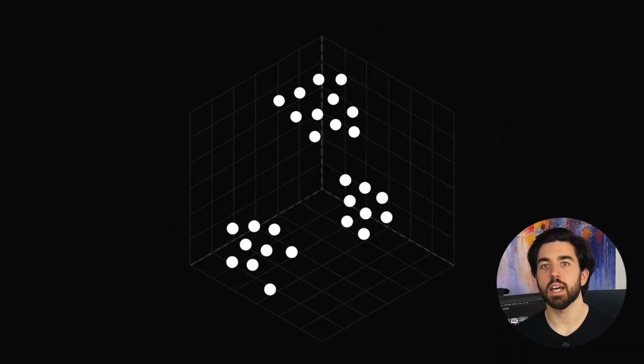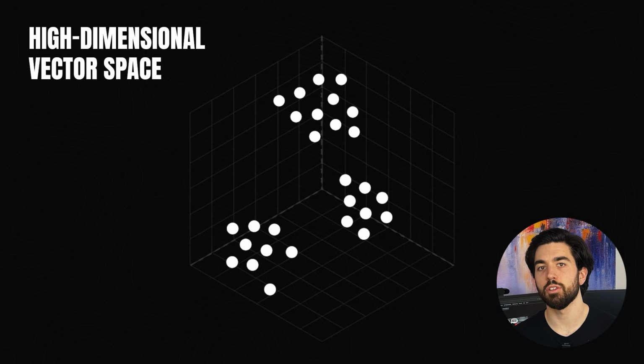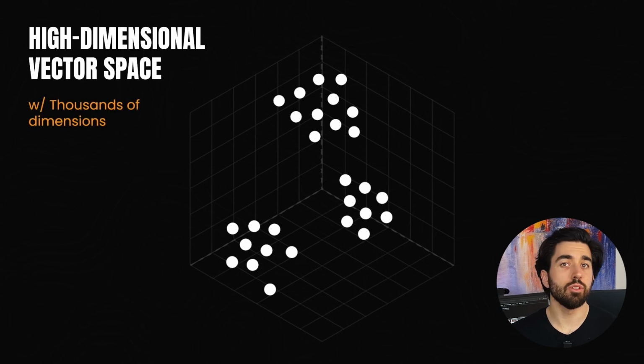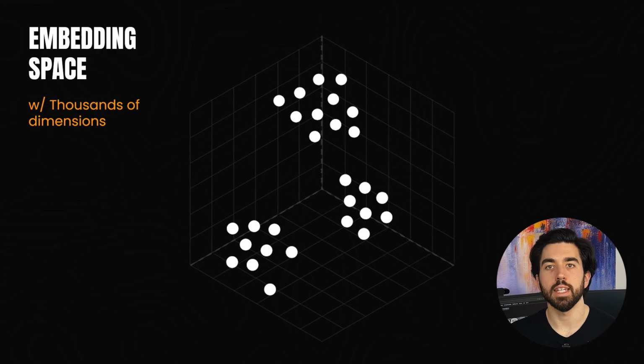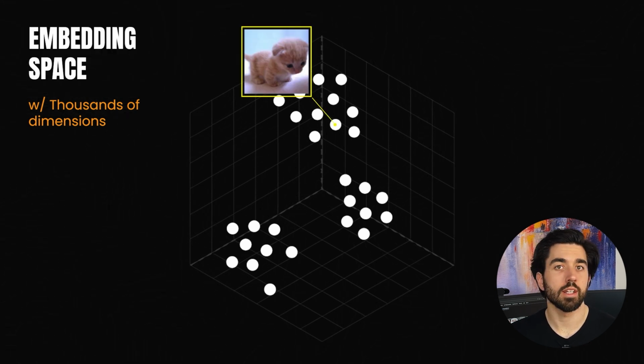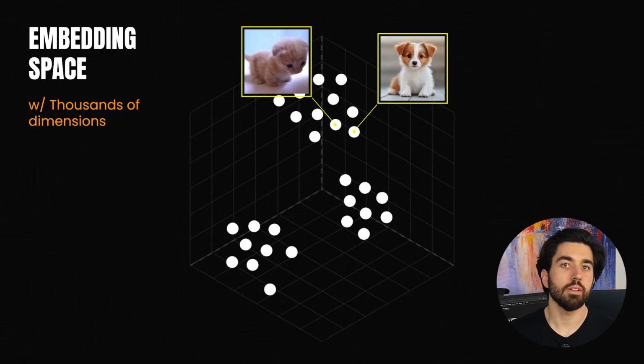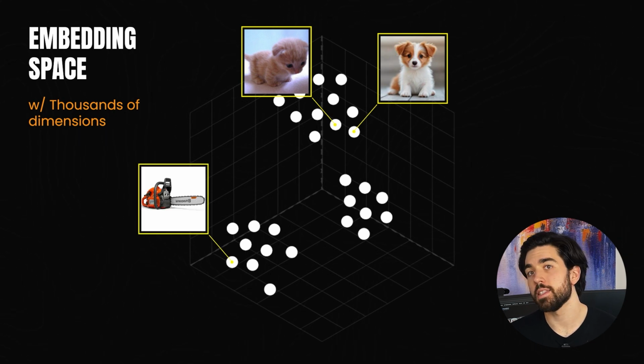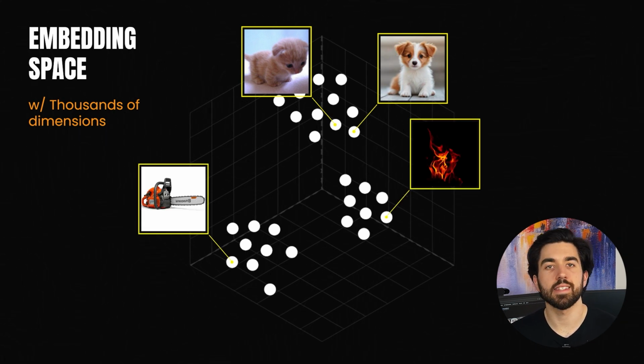Inside these models appears a complex internal representation, a high-dimensional vector space, just like the 2- or 3-dimensional graphs we saw in school, but in the order of thousands. It's often called the embedding space, where tokens like kitten and puppy appear near each other, while chainsaw or fire wisely stay well away.